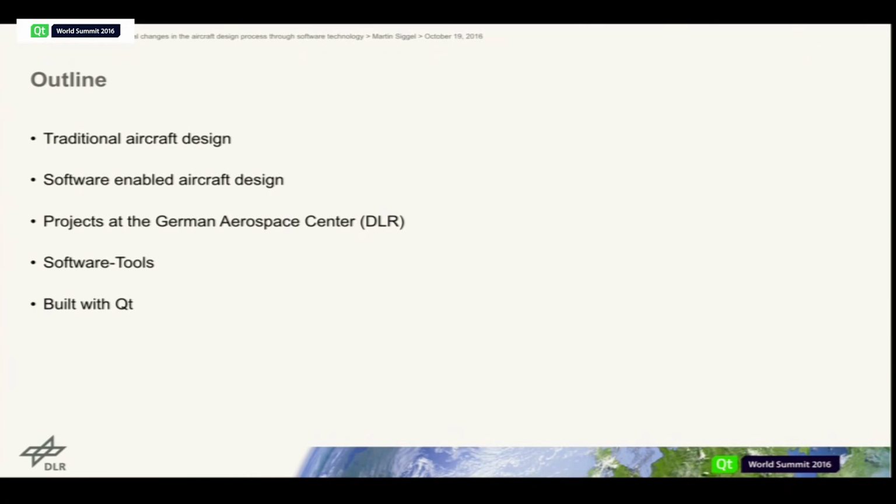In my talk, I'd like first to talk about how aircraft are designed traditionally, then what software actually enables us to do now, and show you some design projects at the German Aerospace Center, which I am also involved in. Then the tools we are developing to do that, and some of these tools are also built with Qt, and I will show you these things.